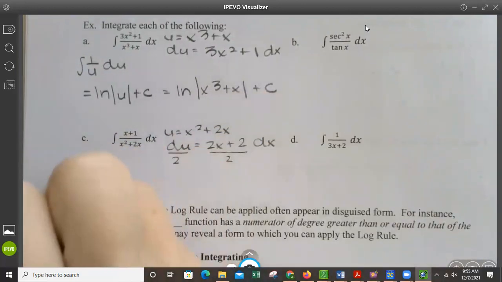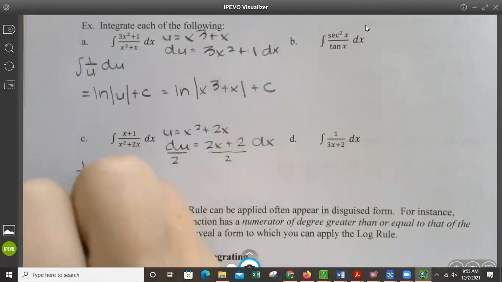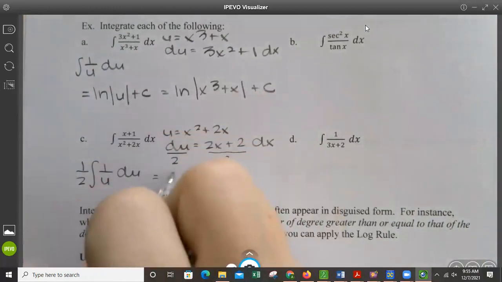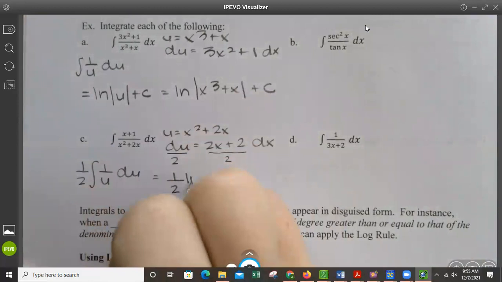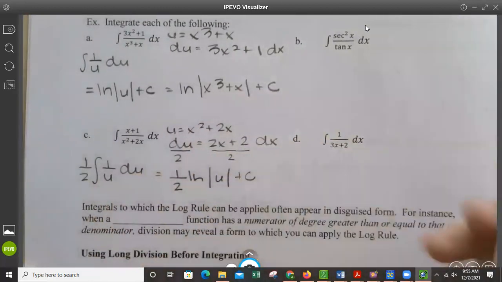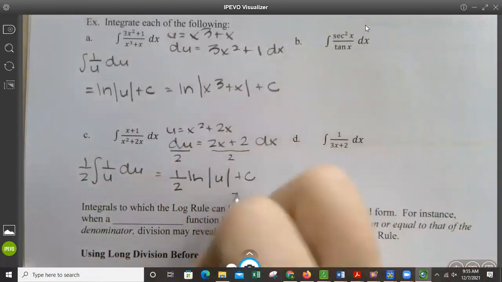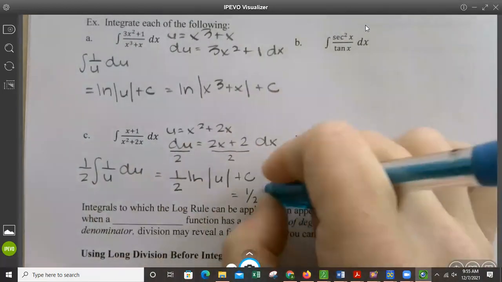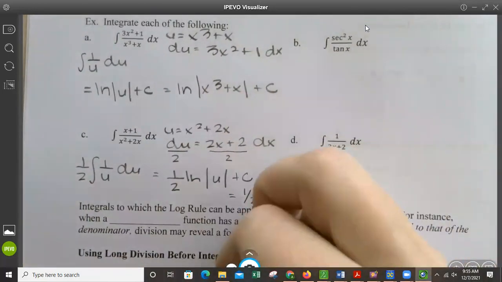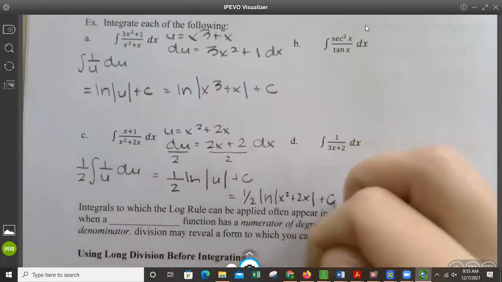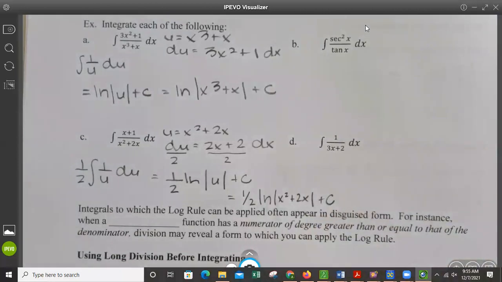So this is going to be 1/2 of the integration of 1 over u du. So 1/2 ln absolute value of u plus c, or 1/2 ln absolute value of x squared plus 2x plus c. Sorry, I switched that up.